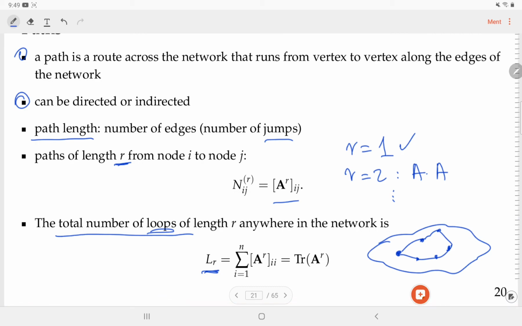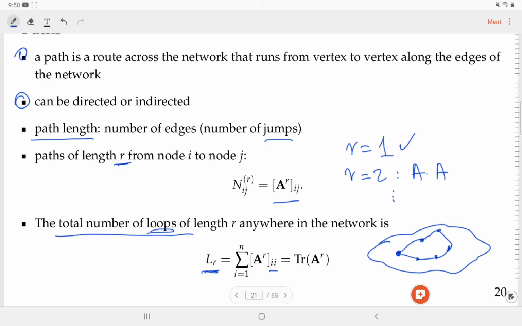And apparently it turns out that the diagonal entries in our adjacency matrix raised to the power of r give the total number of cycles in the network.